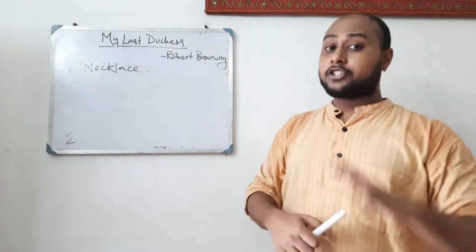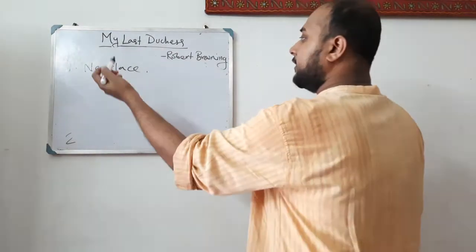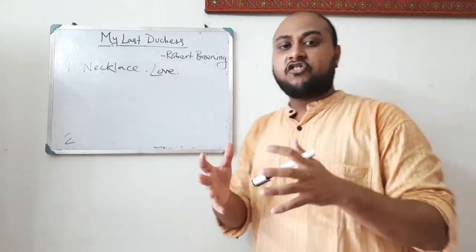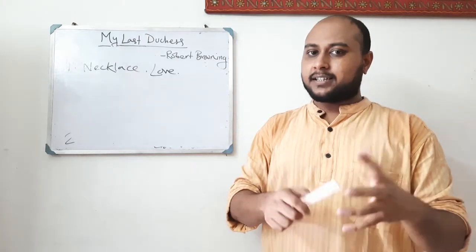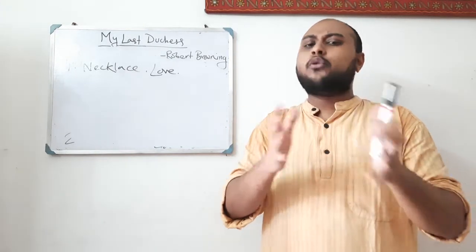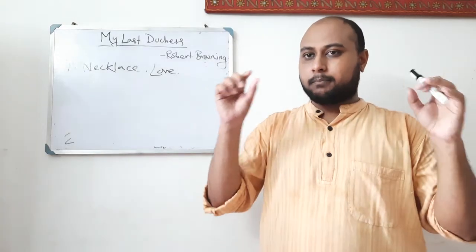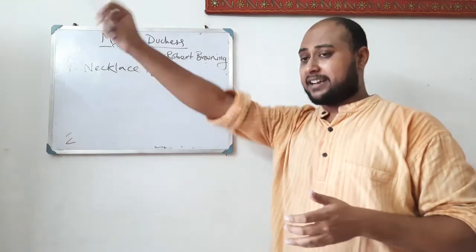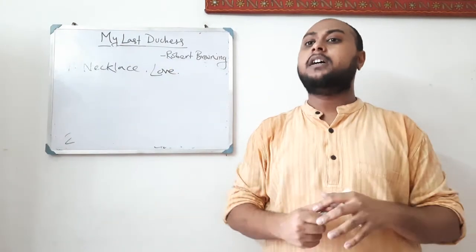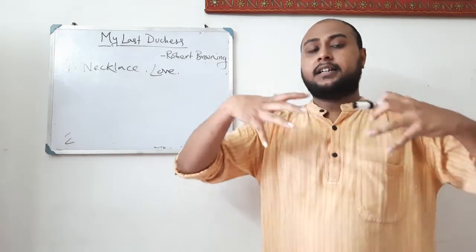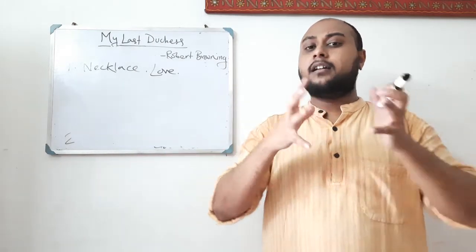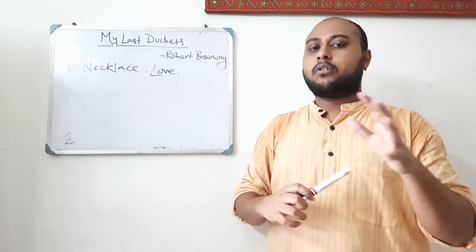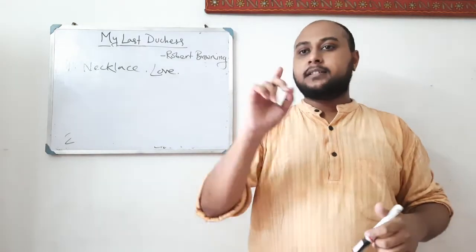Or it could also be love showered upon her, physical love in itself. So these are the two ways in which this part can be understood: either a necklace or some ornament that he gave, or the physical love that he had for her, which sounds less obvious in this case. However, this is number one.